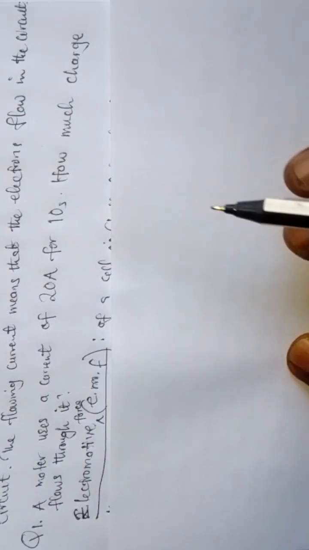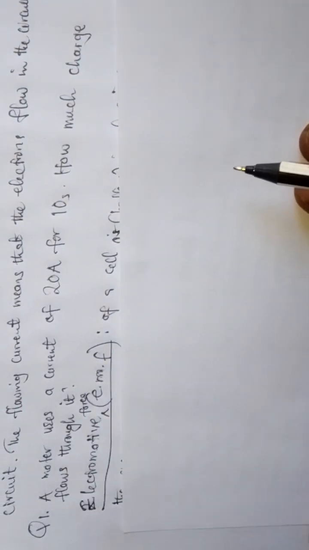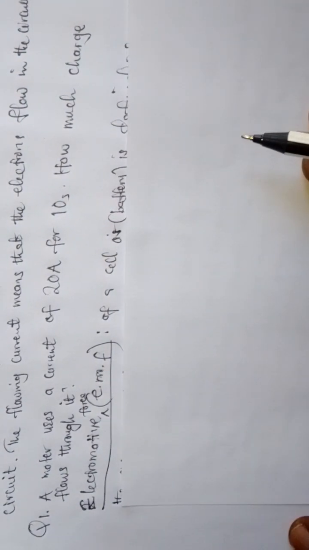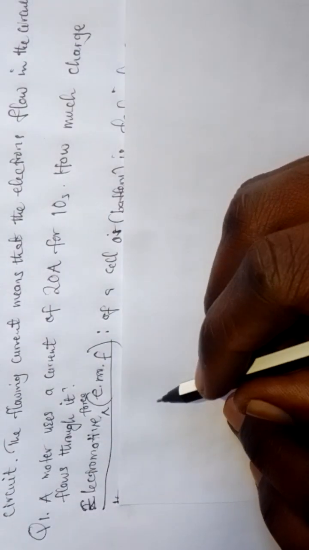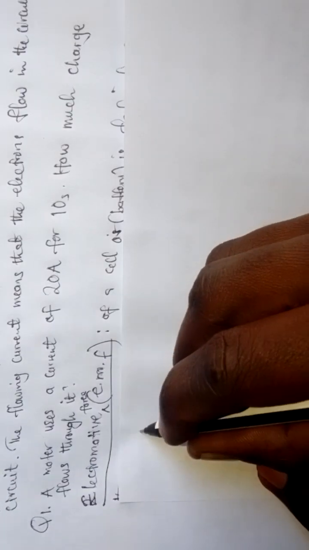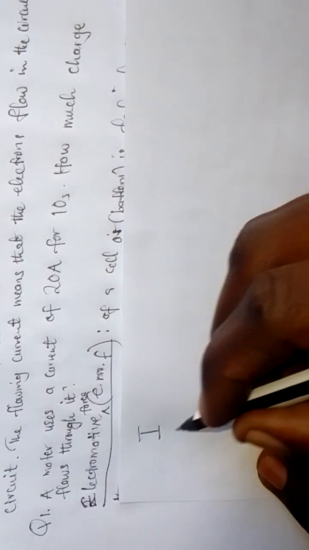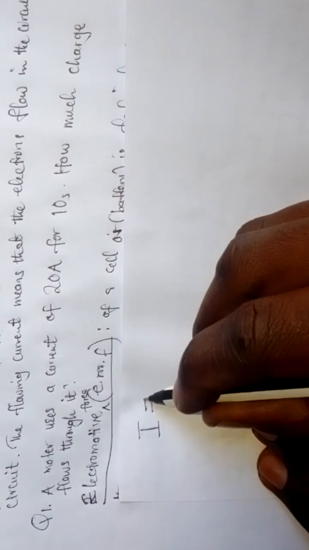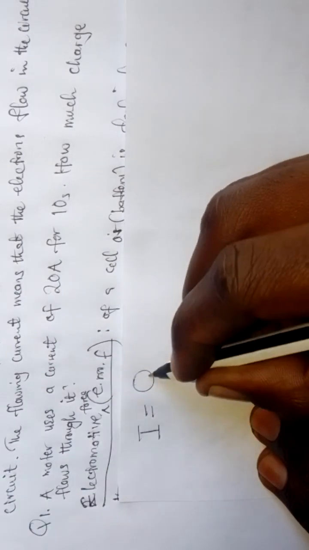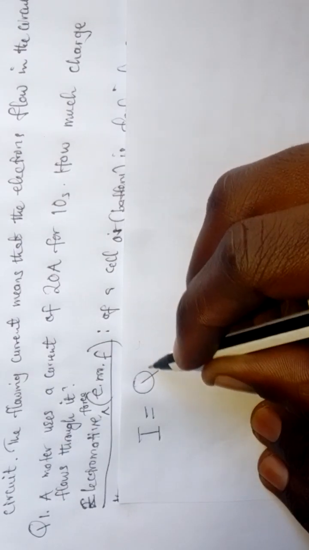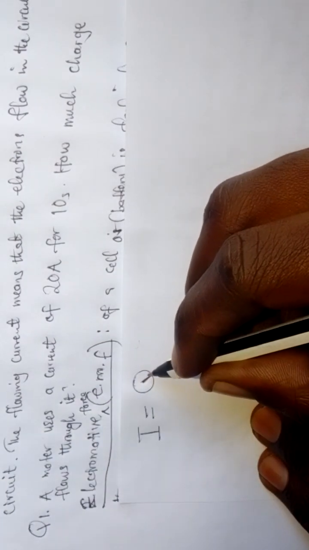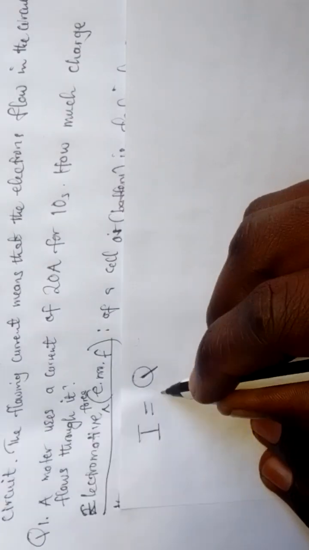One thing that you need to know is to write the formula for current. We say current is equal to charge, which is Q, over time.